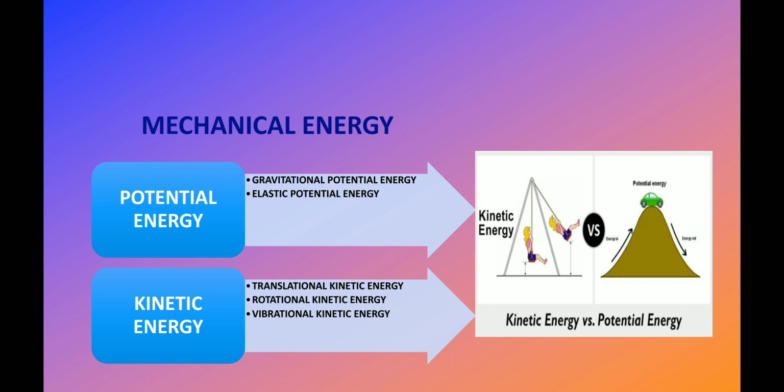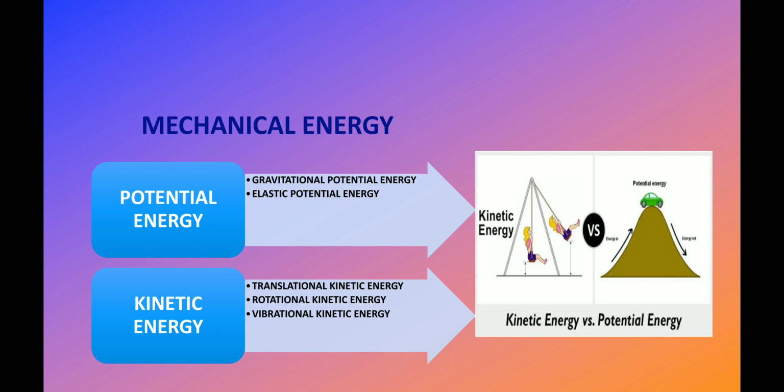If a body is moving along a straight path, that means the motion which it has is translatory motion, and therefore the energy possessed by the body is translational kinetic energy. For example, if a body is falling freely, then the motion it is having is translational motion, and the energy which it is possessing is translational kinetic energy.